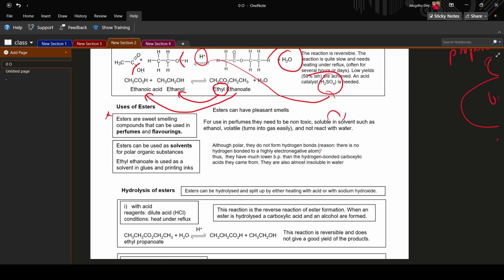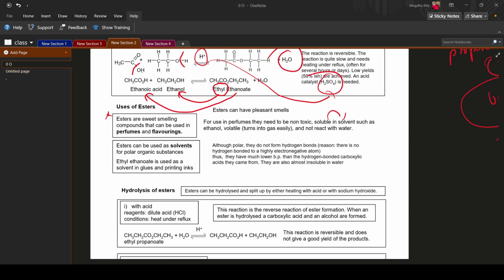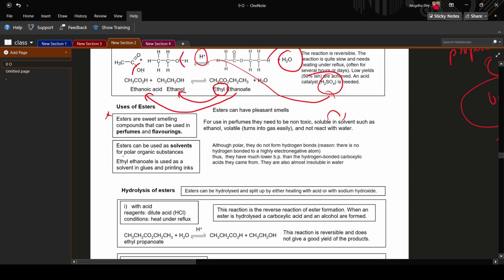Many expensive perfumes are found in liquid form. Why? Because esters are soluble in solvents, basically water. So that is the reason they can be found in liquid form. And then there is a mechanism to convert it into gas when you pressurize the perfume machine. Again, esters can also be used in glues and printing inks.